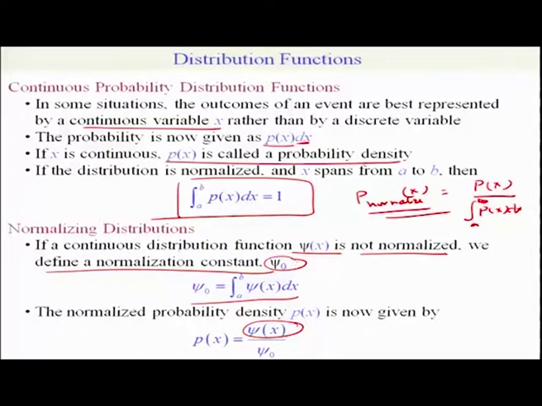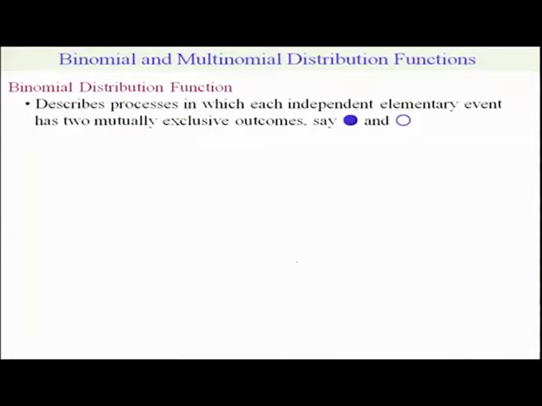Now, we will extend this continuous distribution function to the binomial and multinomial distributions. Let us first discuss the binomial distribution. Here we are interested in only 2 events which are mutually exclusive outcomes. Let us consider independent elementary events, a filled circle and an empty circle.